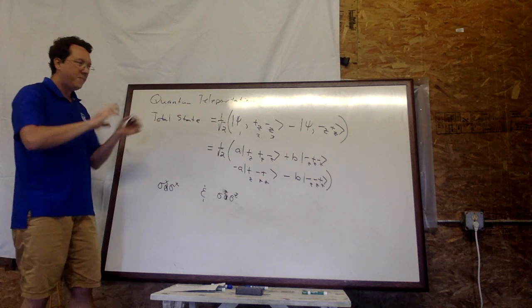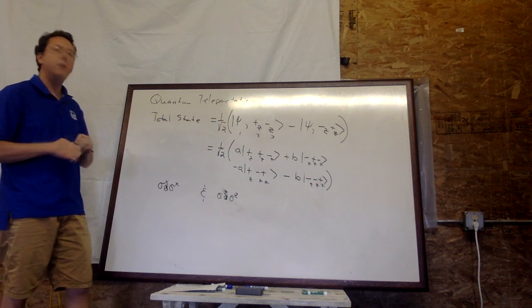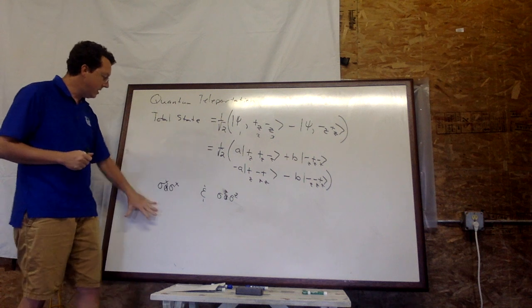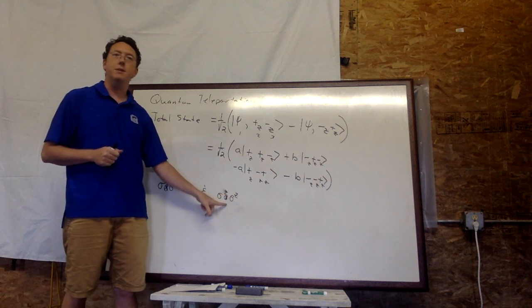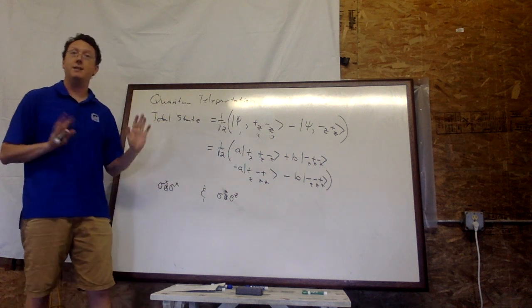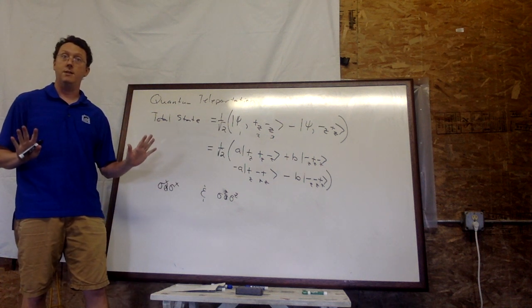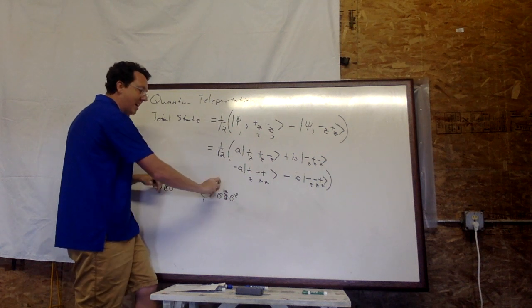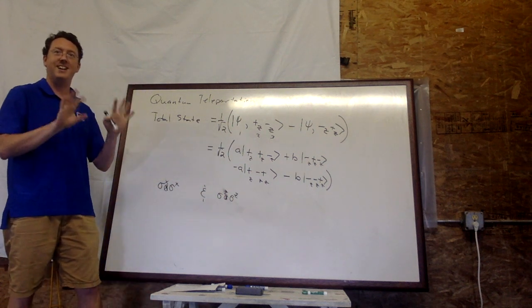Commuting means that measuring this does not mess up this. If they commute, you can know this at the same time as you know that. It's not true on the separate factors. It's only when you do it together in concert that it's okay.